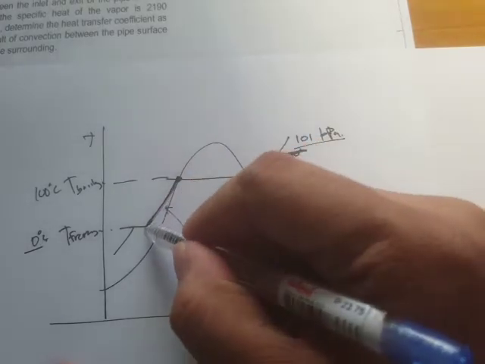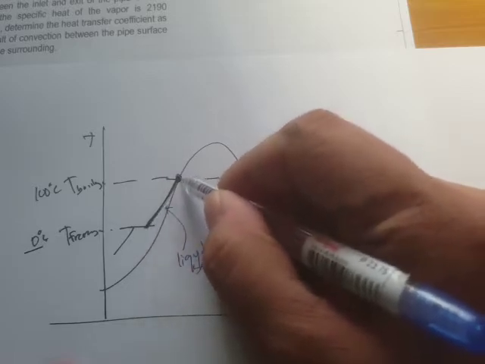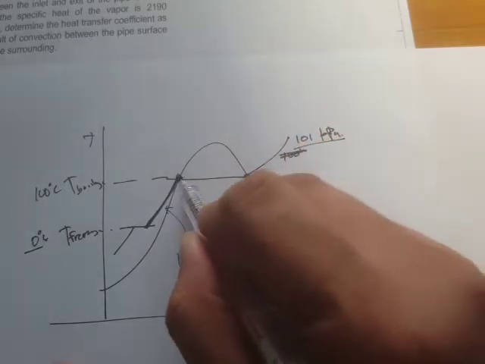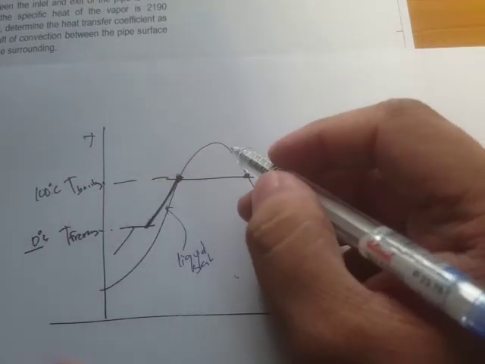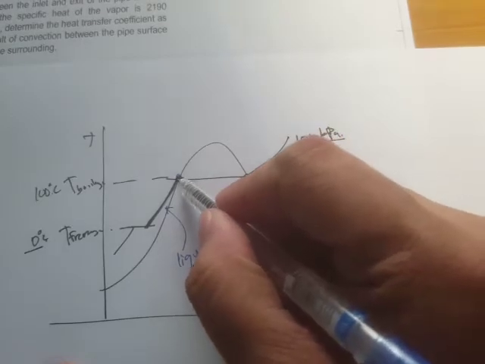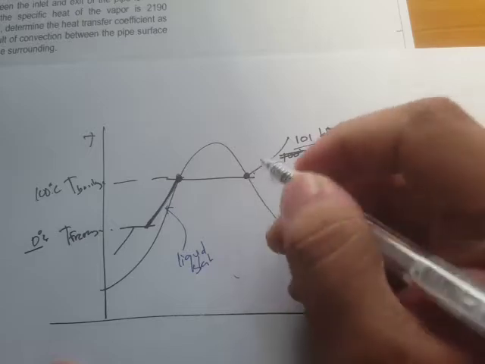So it increases its temperature until it gets to this boiling temperature. From this point onwards, it's going to change its phase, at 100 degrees C. Here, this is saturated liquid, and here is what we call the saturated vapor.